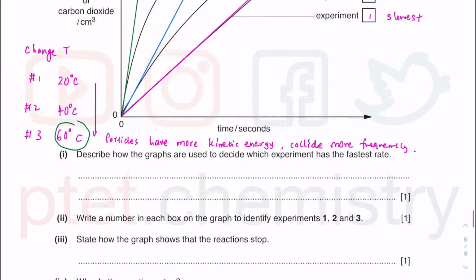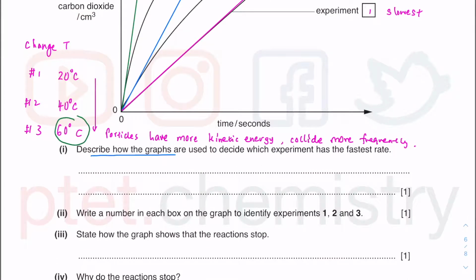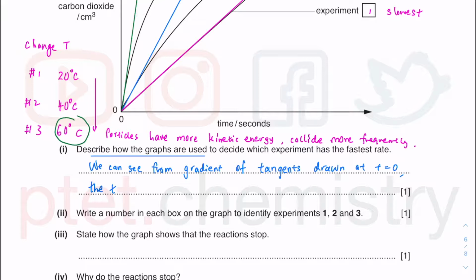Okay. Describe how the graph is used. Well, we can see from the gradient of tangents drawn at time equal to 0, the three graphs have different gradients.